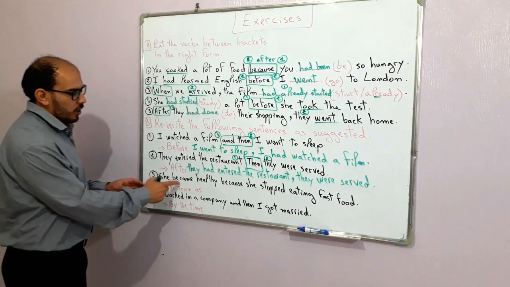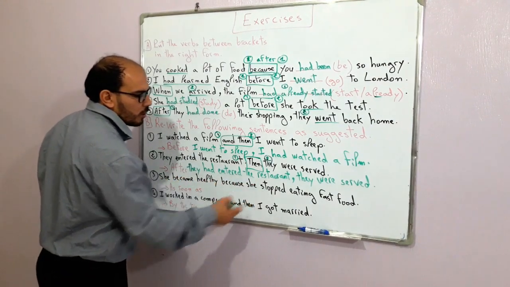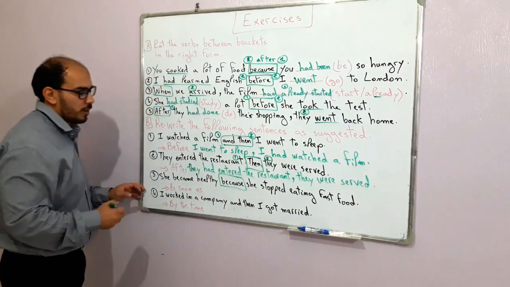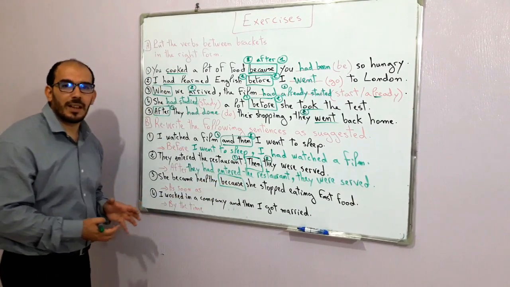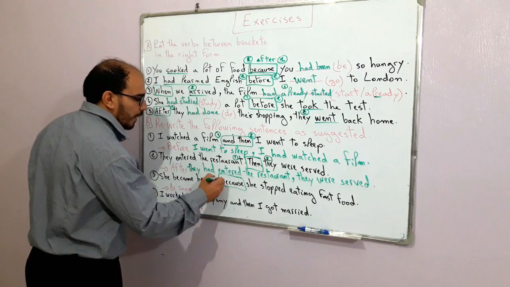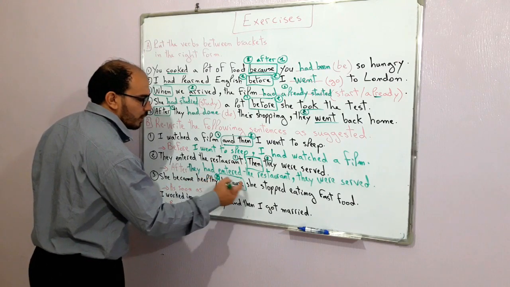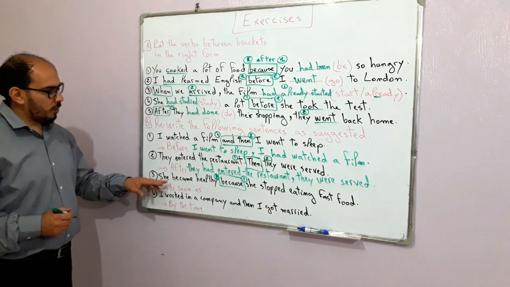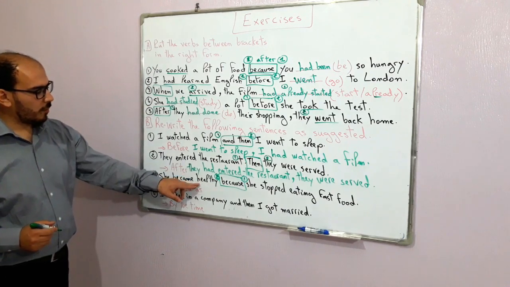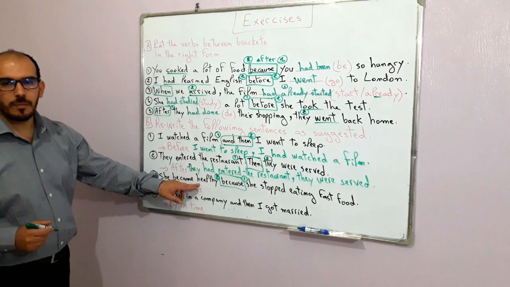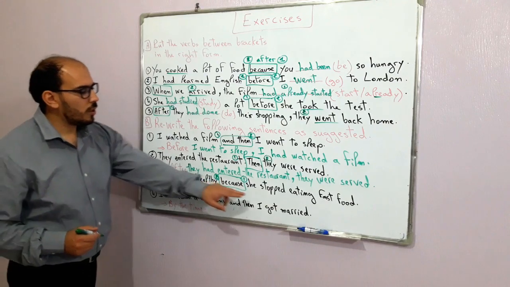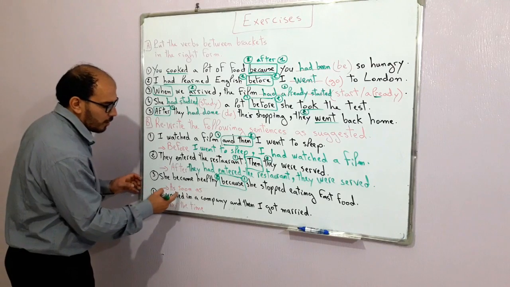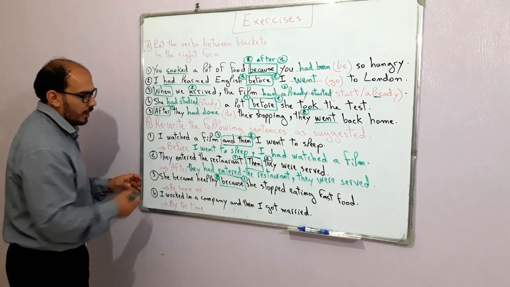She became healthy because she stopped eating fast food. I have the word because, and we know that because is like after. So we have two after one. She became healthy, this is activity number two. She stopped eating fast food, this is number one. I have as soon as, and we know that as soon as is like after.